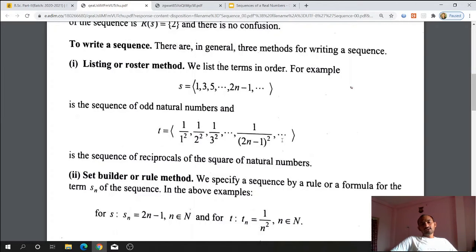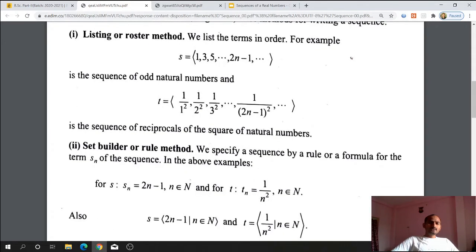And this is again an infinite sequence, and we write this sequence of reciprocals of squares of natural numbers in listing form, that is, in an orderly manner. So this is another example for this roster method or listing method.